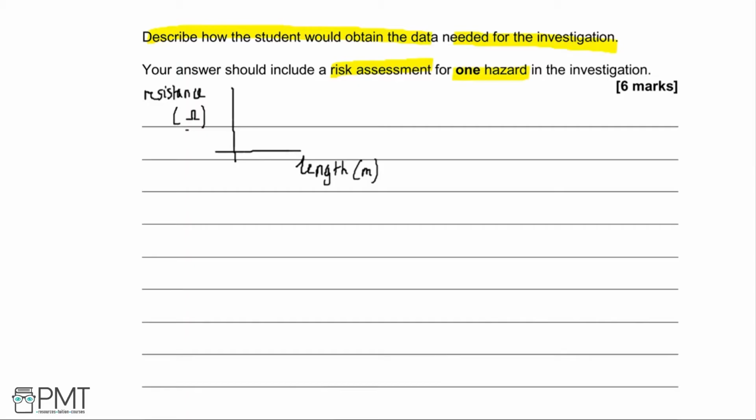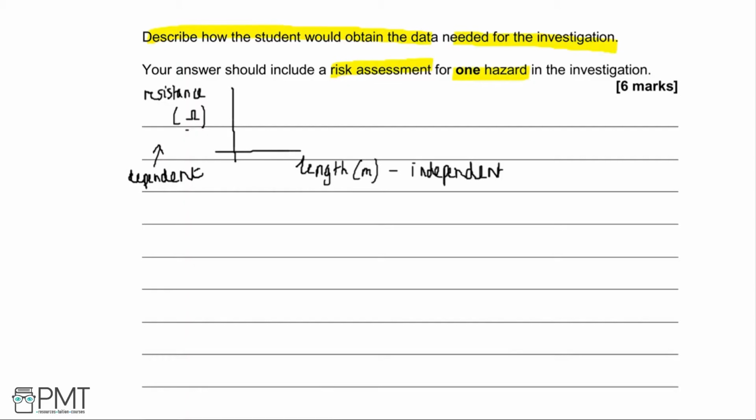As we change the length, which is our independent variable, we see its effect on the dependent variable, which is resistance. We're measuring this to see how it changes.